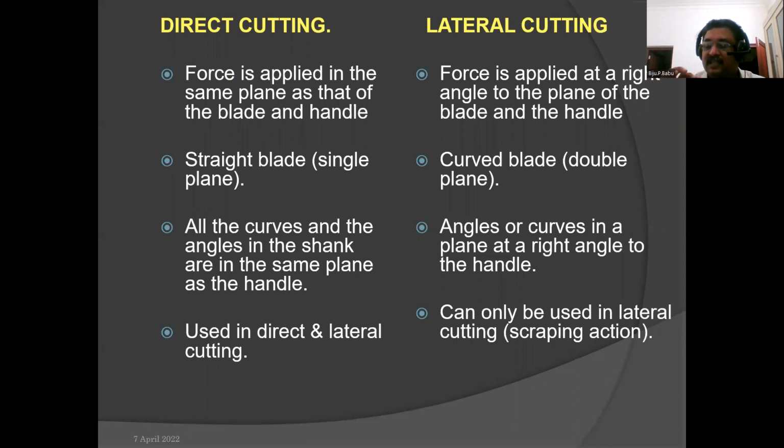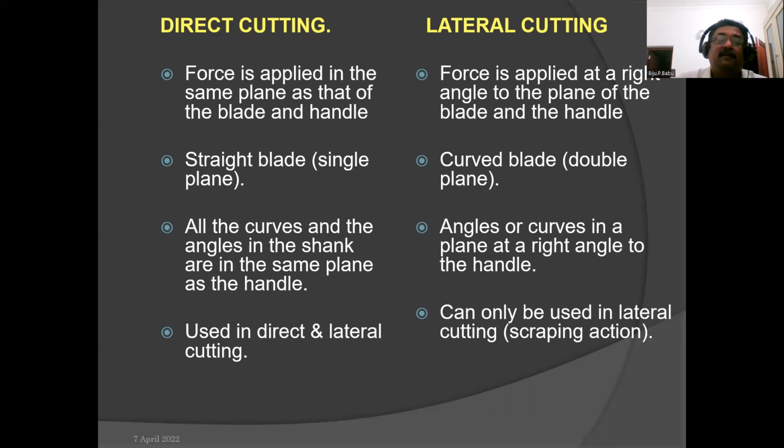If you are using the instrument in the direction of the long axis of the handle, it's called a direct cutting instrument. In some instruments, the cutting action is by moving the blade in the lateral direction, that is perpendicular to the long axis of the handle. Those instruments you call lateral cutting instruments.